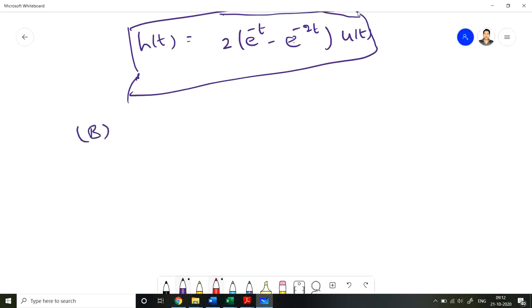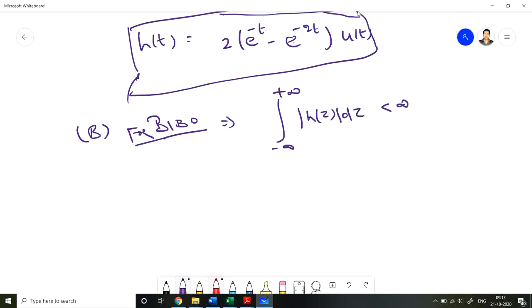So in part B we can find out the BIBO stability. For BIBO stability, the integral from minus infinity to plus infinity of modulus of h(tau) d tau should be less than infinity. It means it should be integrable, so let us check whether it is integrable or not.